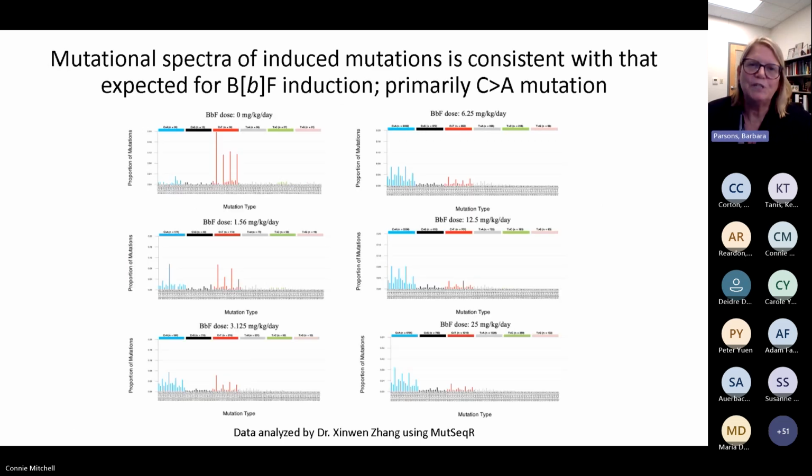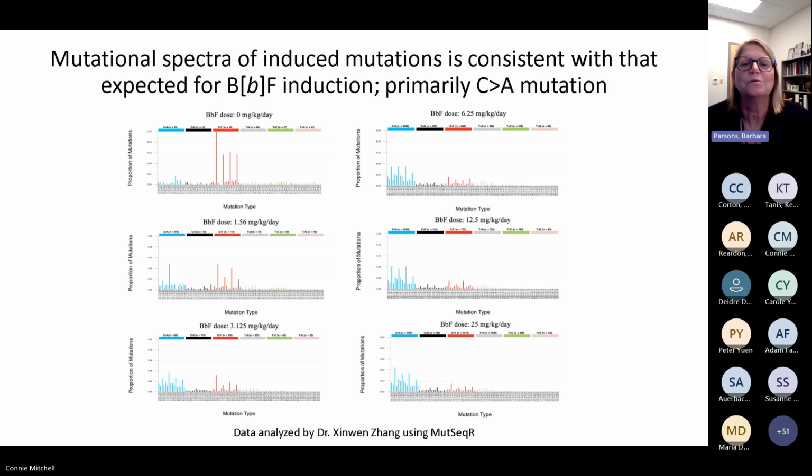And this is the mutation spectra of the mutations that were recovered using the TwinStrand mutagenesis panel. The top left is the control animals, and it increases in dose down and then to the right. So the bottom right has the highest dose. And this data was analyzed by Xinwen Zhang at NIEHS, Stephanie's postdoc.